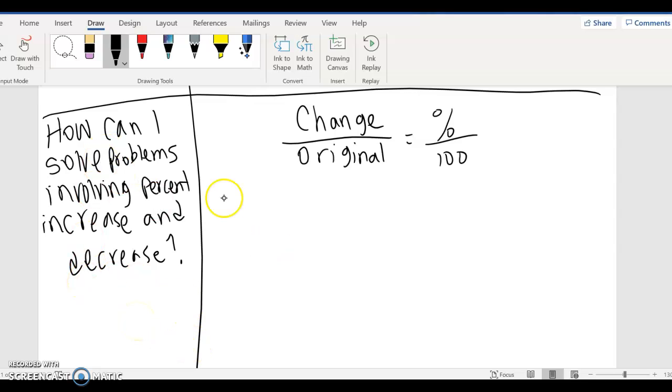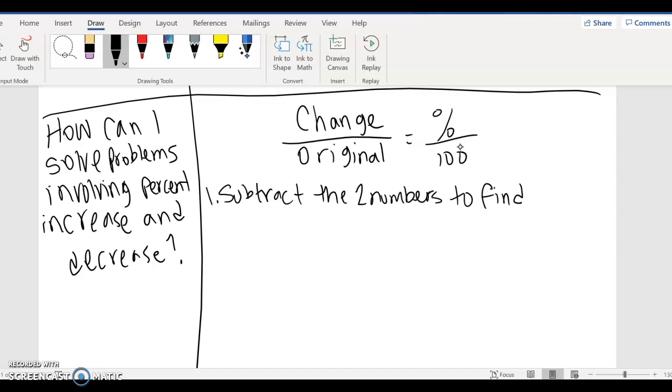Okay, so step number 1, to start these problems, we must subtract the two numbers that we are given to find the change.